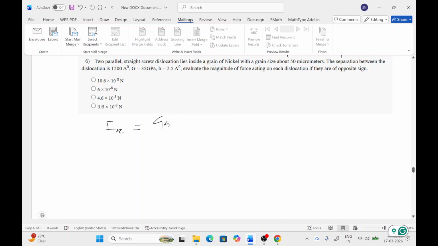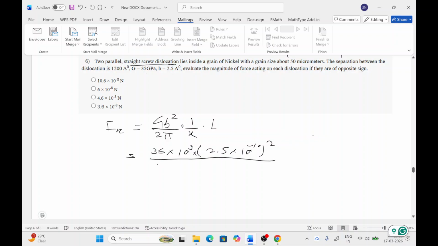So Fx equals, for screw dislocation, G b square by 2 pi into 1 by x into L. So G is 35 into 10 raised to power 9, into 2.5 into 10 raised to power minus 10 square, divided by 2 pi. x is 1200 angstrom and L is 50 micrometer.